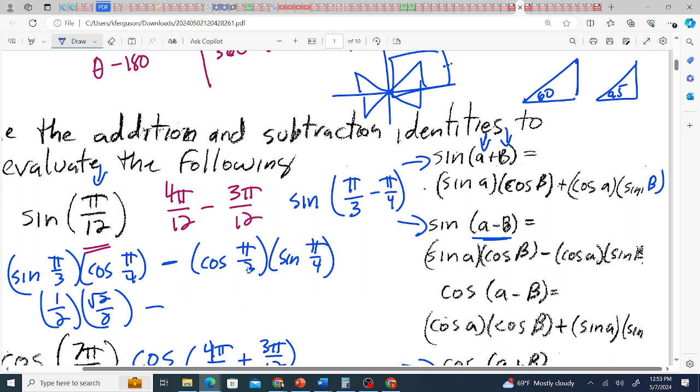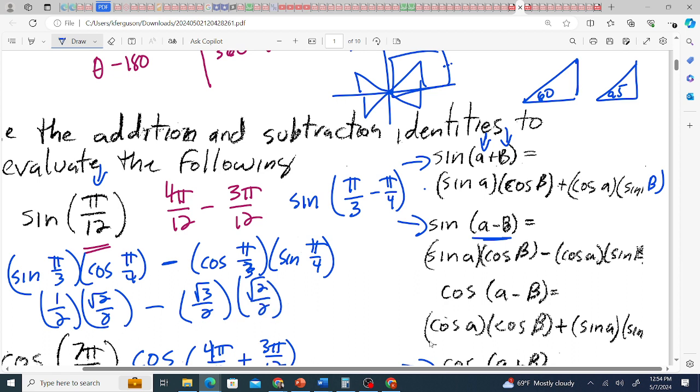Minus. And then what's cosine of 60 degrees? You need to be able to read this thing if you're going to use it. 1/2. And then what's sine of 45? Square root of 2 over 2.